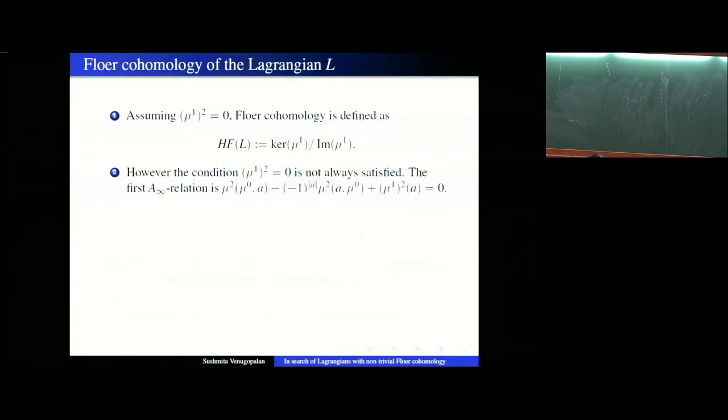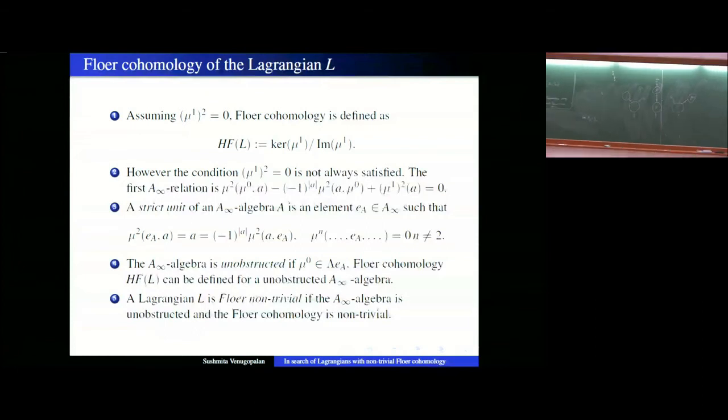That's the first A infinity relationship. So this is your mu1. This is a mu1 contribution. But a mu1 followed by mu1 does not square to 0 because you also have these disk bubbles like this one here and that one there. Okay.